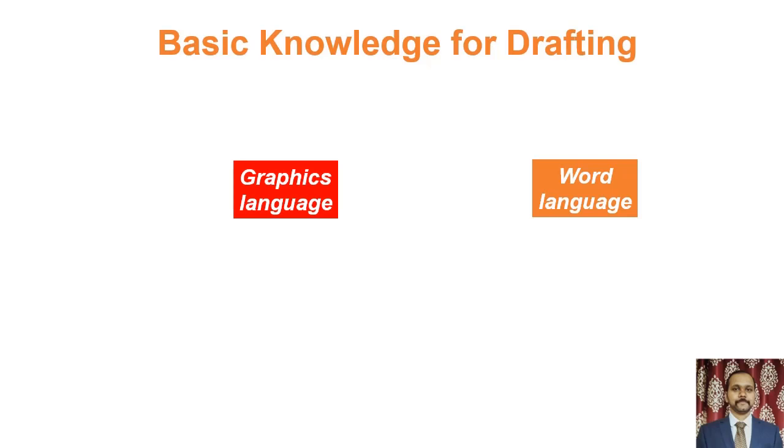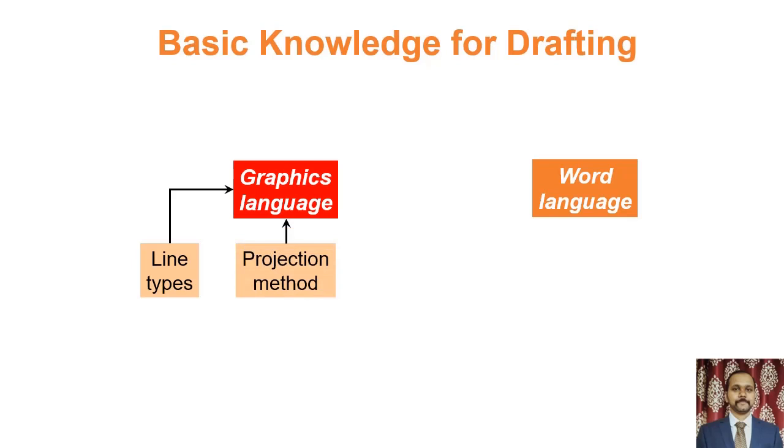So for the basic knowledge of drafting, we will see what is included in graphical language and what is included in word language. Graphical language includes line types; there are various types of lines. Then we have projection methods, then some geometrical constructions.